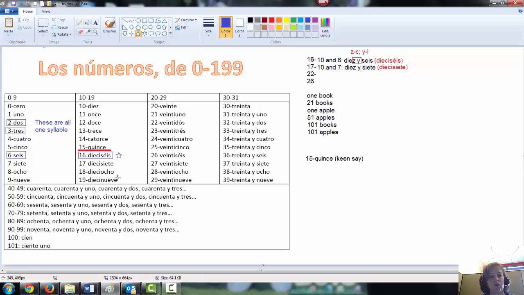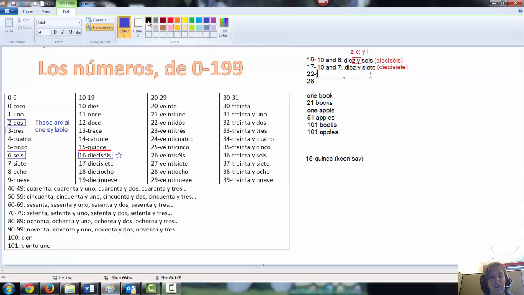After that, we go into our 20s. 20 is veinte, okay? The 20s repeat a pattern as well, just like in English. After you learn 20, then you should be able to do 21, 22, 23, etc. Because you're just adding old numbers, the 1 through 9 numbers, to your new tens place number. Okay, so you're going to do the same thing in Spanish.